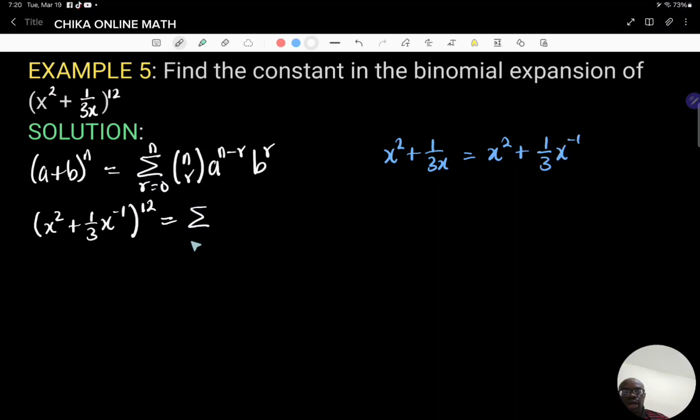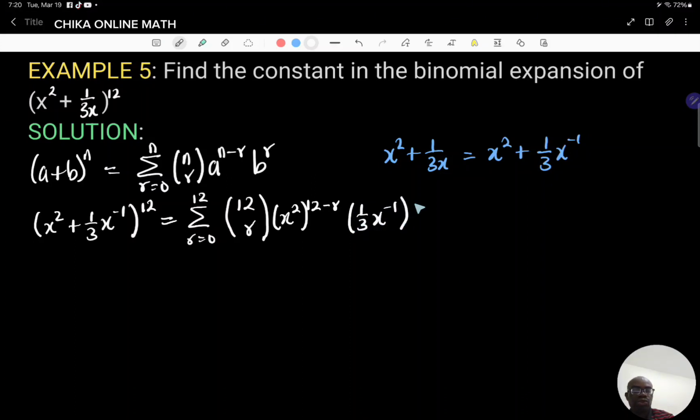So if we substitute in this series, we have the summation r equal to 0 to n, which is 12, 12 combination r, our a, which is x squared, to the power 12 minus r, okay? Then b, which is 1 over 3x raised to the power minus 1, to the power r, okay? So we use the law of indices to combine these two.